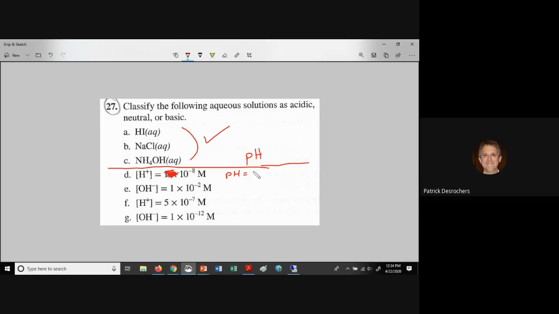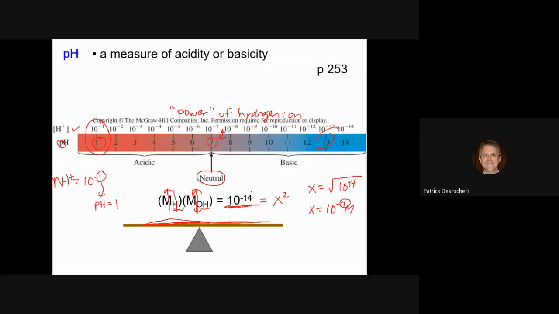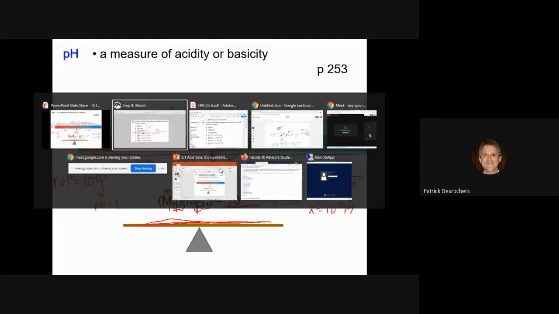What'd you get? 8. You okay with that? Now let's go back and check our scale. Kirsten, you said there was something magical about 7, didn't you? Is 8 basic or acidic? Basic. Isn't that what we said? Yeah. All right, go back.